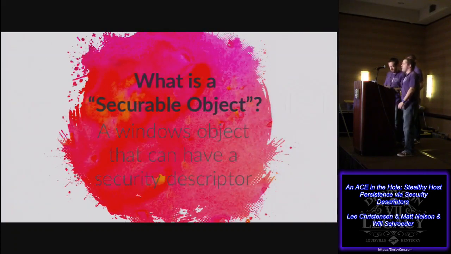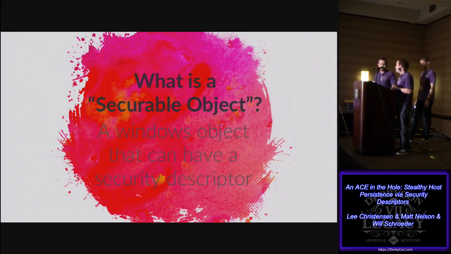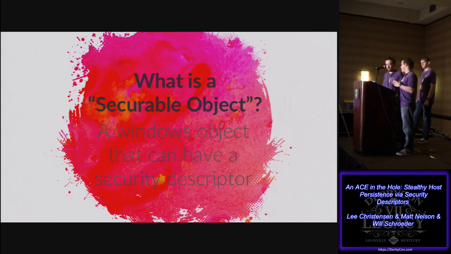So a little bit of an introduction to securable objects for those who are unfamiliar with them. What is a securable object? A securable object is any Windows object that can have a security descriptor. So when we're talking about these objects, what does that actually mean? Well, there's a lot of objects in Windows. There are built-in NT objects that most people are probably familiar with, like processes, files, tokens.